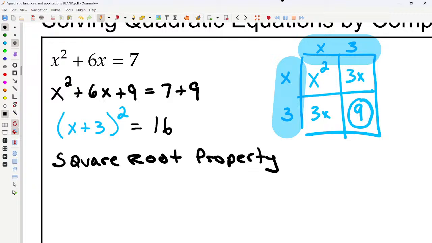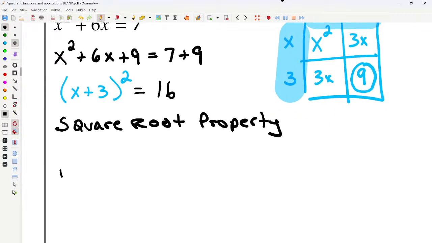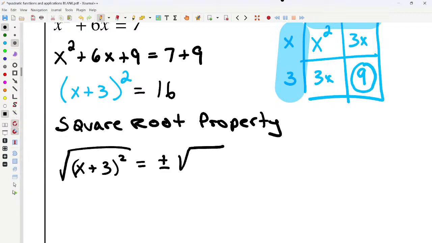You're allowed to do that to both sides. And we must include a plus and minus symbol. So that's really what I want to emphasize here. Square root property, pretty straightforward. You want to undo squaring, take the square root, but it really says you gain both plus and minus. I'll show you that at the end of this.